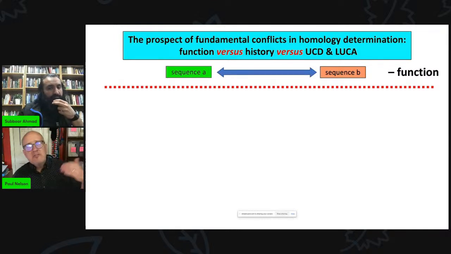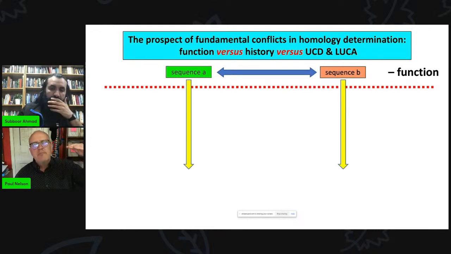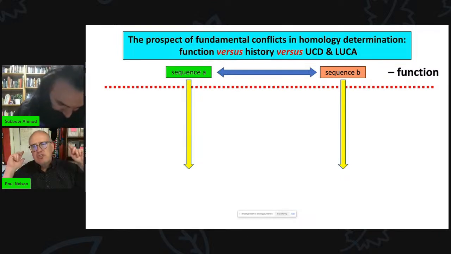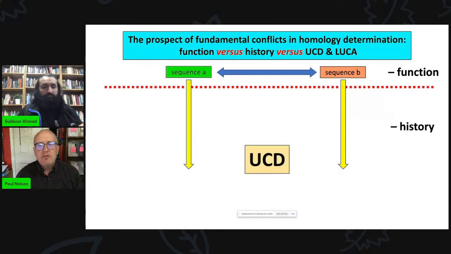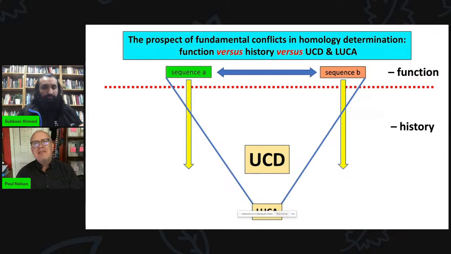You can only do that at a relatively shallow or very, very shallow depth, however, with respect to evolution. So you can project those functions, let's say these are two genes, A and B, backwards in time, but you will find that you have conflicts with what evolutionary history may be demanding of you. So I showed this slide last time, but I couldn't show it in the sequential way that I'm doing today, so I'm doing it again.